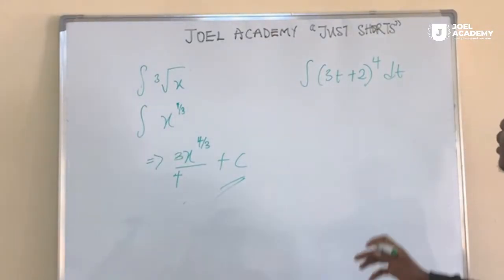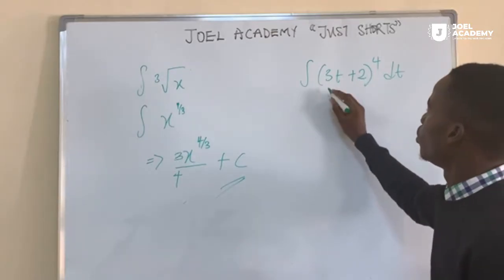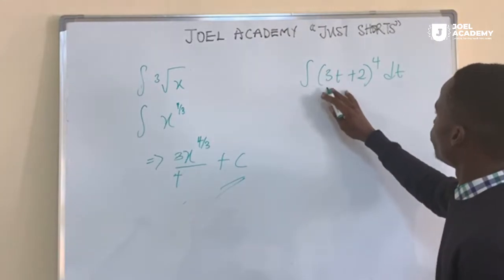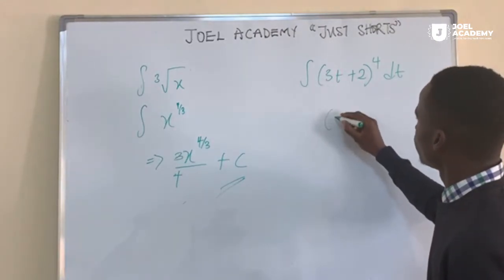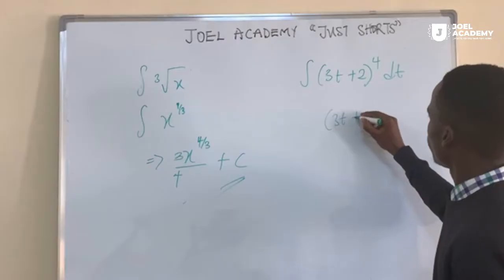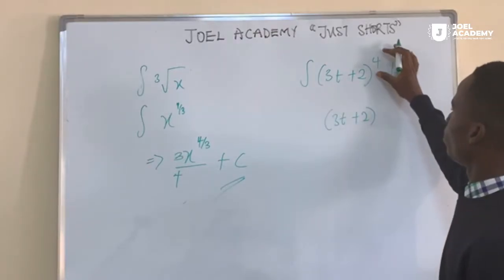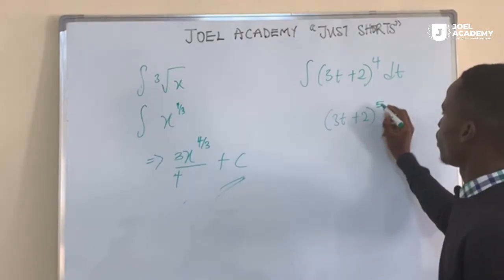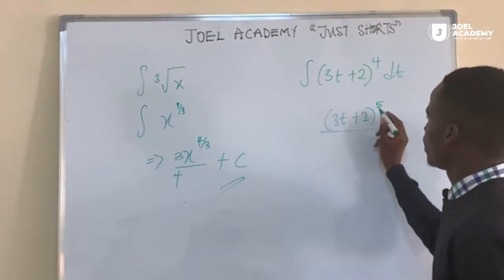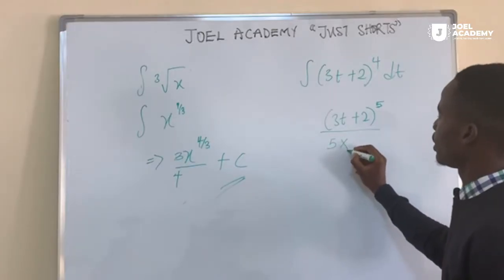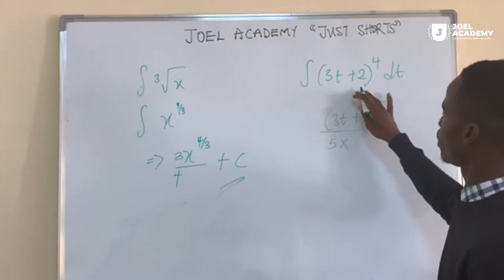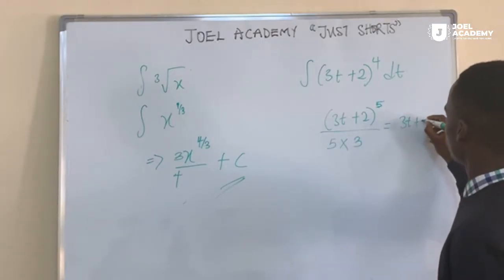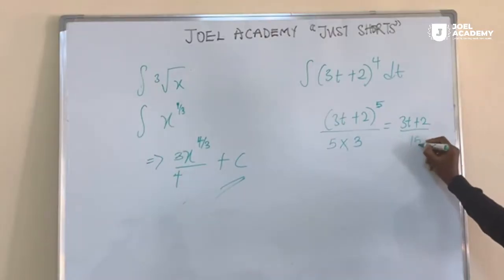Now what we're going to do here is assume this to be any variable u. When we integrate it, we will be having 3t plus 2, and as an integral, it's adding 1, so 5 over the same 5 that is here. But you're not stopping there. Times, differentiate 3t plus 2, you have 3. So your final answer will be (3t plus 2) to the power 5 over 15 plus c.